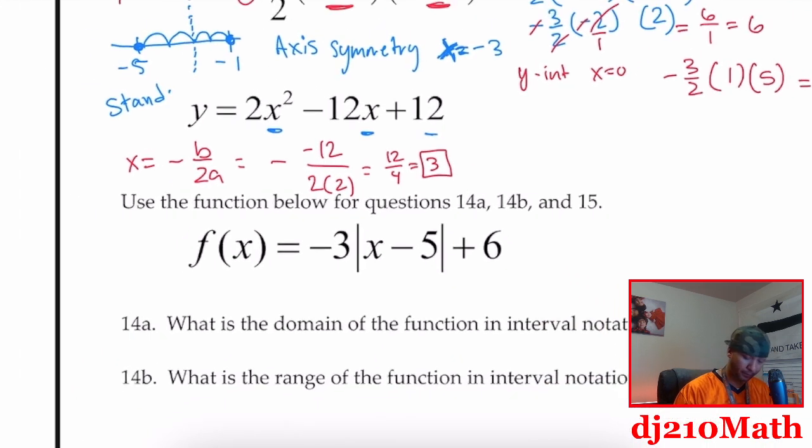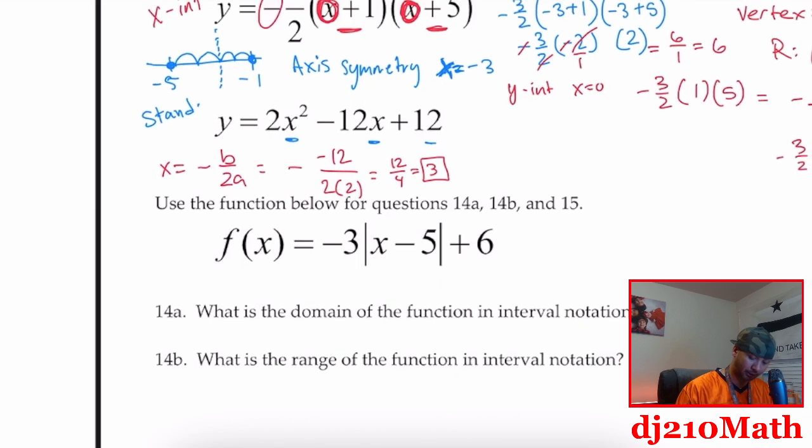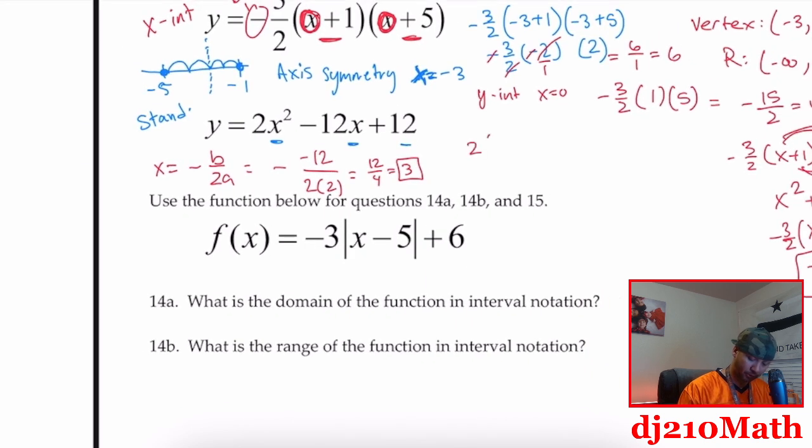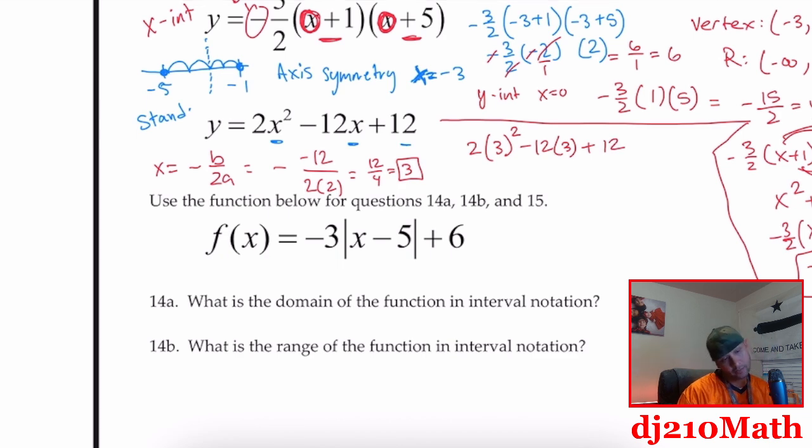To figure out the y component, we plug x back into the equation. So we get 2 times 3 squared, minus 12 times 3, plus 12. 3 squared is 9 times 2 is 18. Minus 12 times 3, 36. Plus 12.